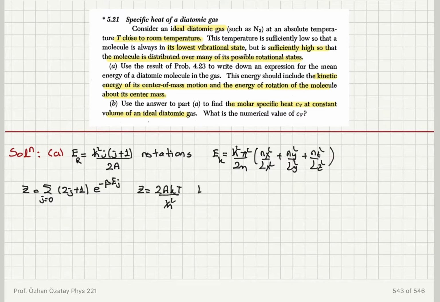From this we found the rotational mean energy as minus ∂ln Z/∂β, which was kT.